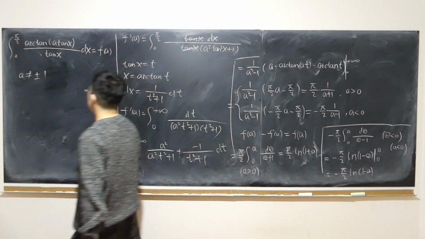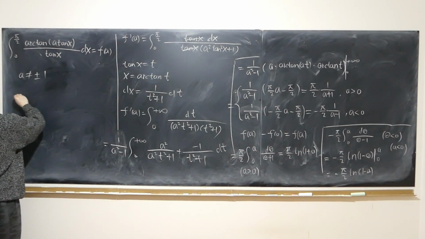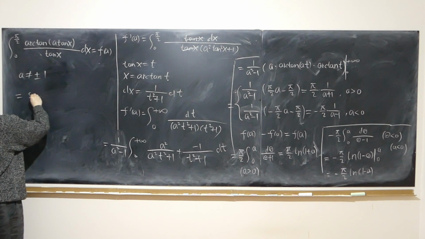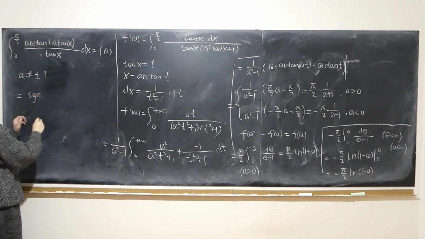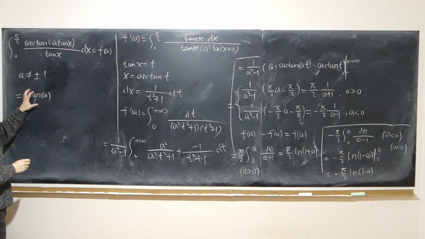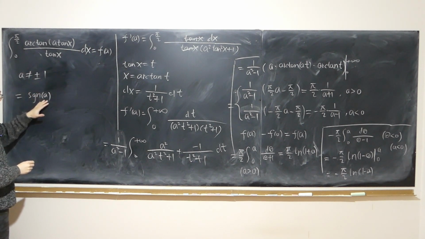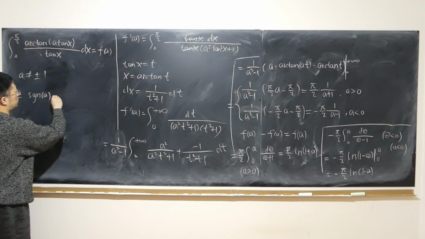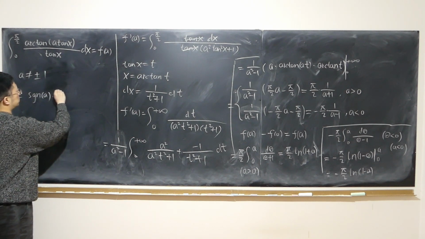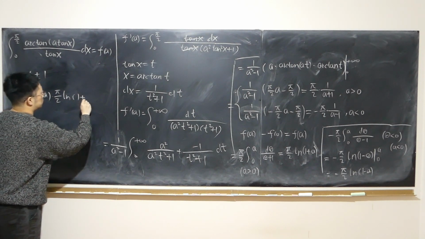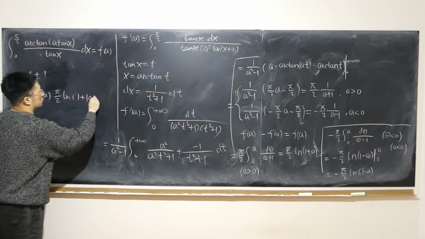Maybe I can combine them together. I can write sign function, sign of a. Meaning when a is positive, the function is positive 1. When a is negative, the function is negative 1. When a is 0, this is 0. So sign of a times half pi times log of 1 plus absolute value of a.